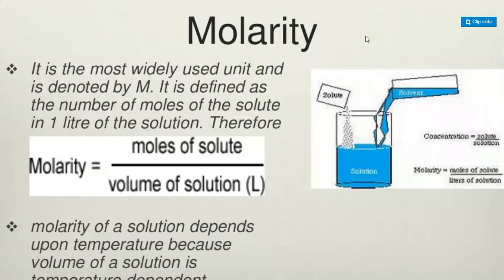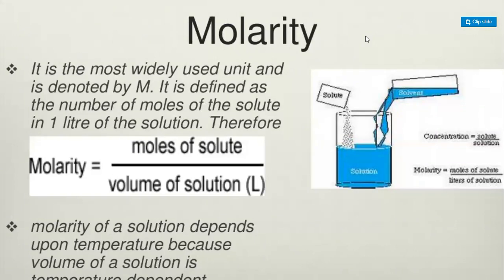Next is molarity. It is the most widely used unit and is denoted by capital M. It is defined as the number of moles of solute in 1 liter of solution. Therefore, molarity is moles of solute per liter of solution. Here we take the volume of solution in liters.